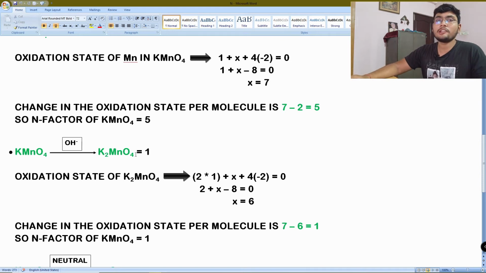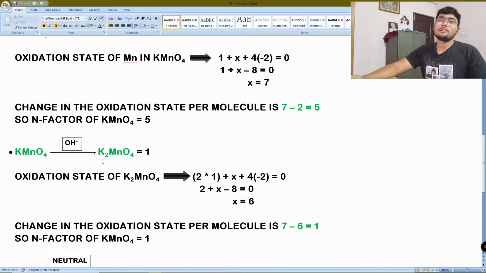And oxygen will have a minus 2 charge and there are 4 atoms, so 4 times minus 2, equal to 0 because it is an overall neutral species. So 2 plus x minus 8 equal to 0, so x comes out to be 6. This means that the oxidation state of manganese in K2MnO4 is plus 6.